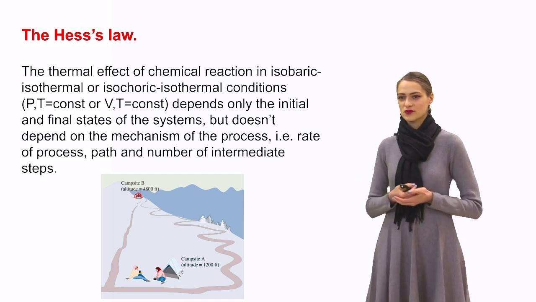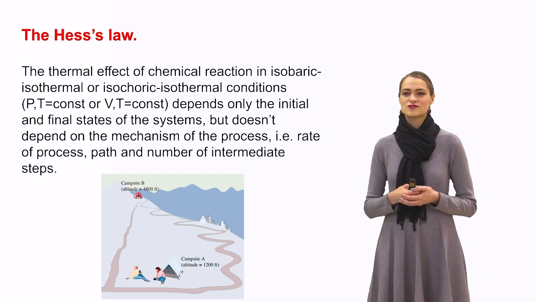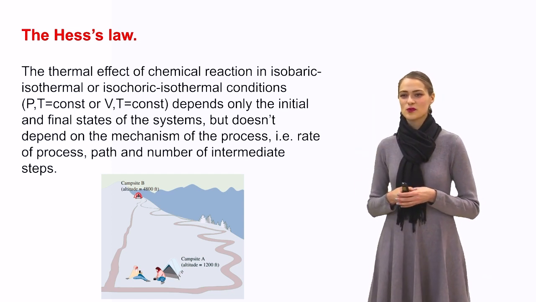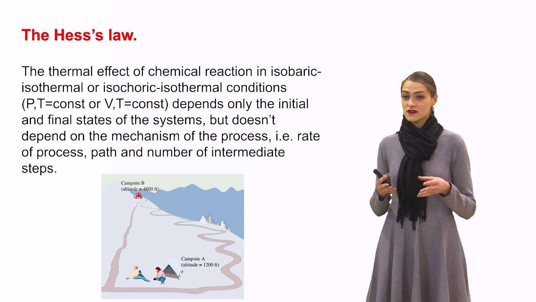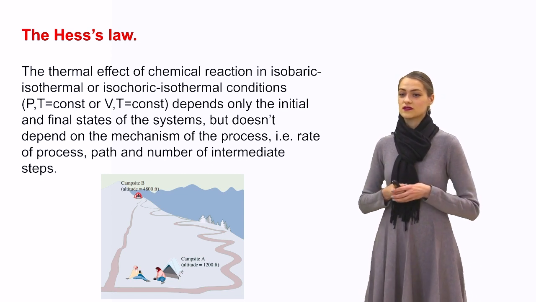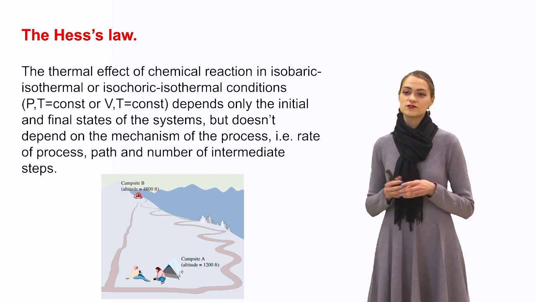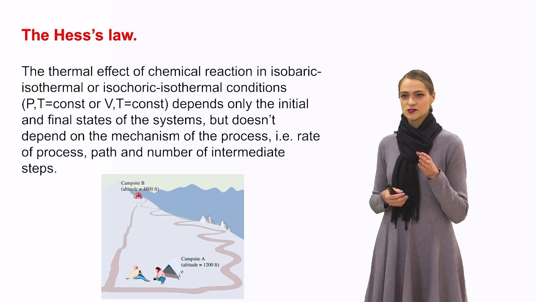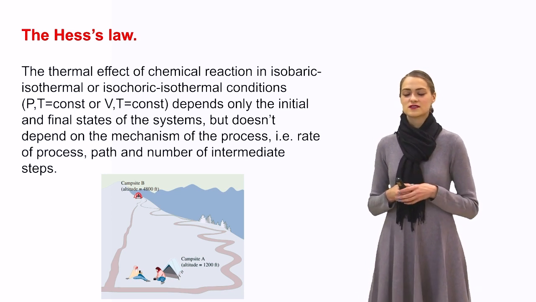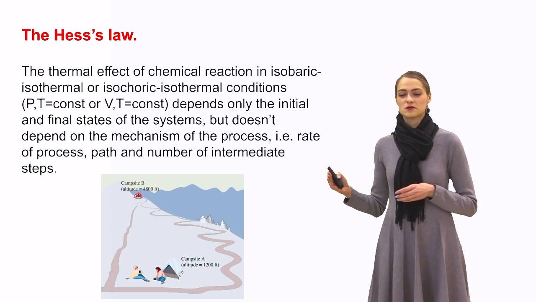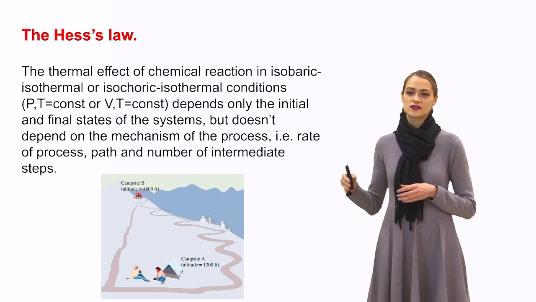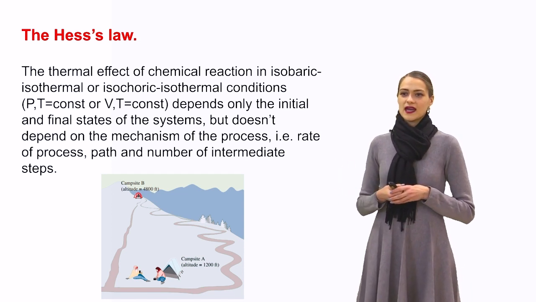We have 2 points, and we need to reach the highest one. To reach this goal, we can use 2 different ways. A straight way from the left side of this picture, and from the right side of the picture you see this curved path.